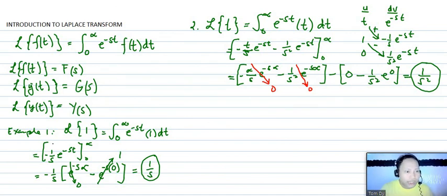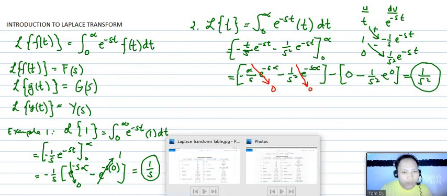Take note that the Laplace transform of 1 equals 1 over s, and the Laplace transform of t equals 1 over s squared. This is the case when we make use of this formula. Now, in the computation of Laplace transform, we make use of the table. So take note again, the Laplace transform of 1 equals 1 over s.